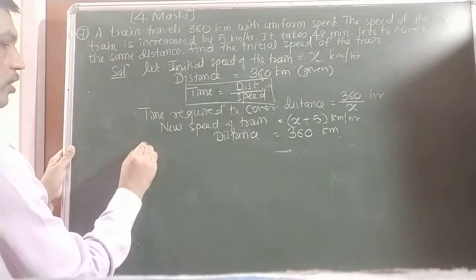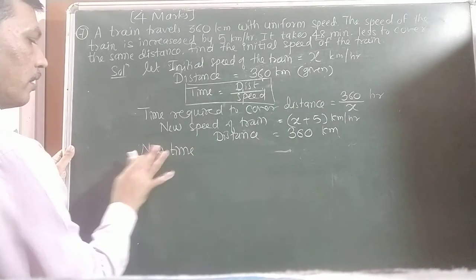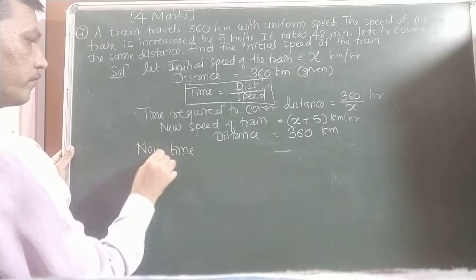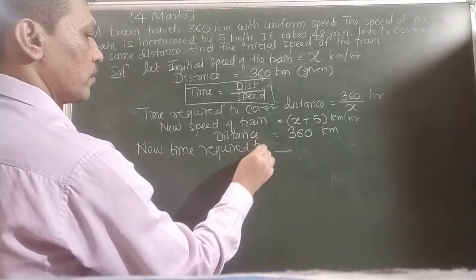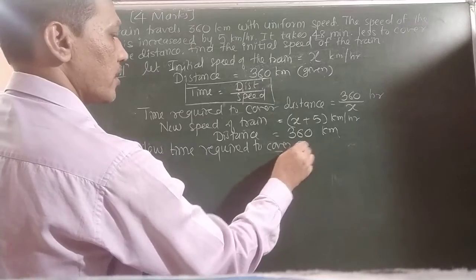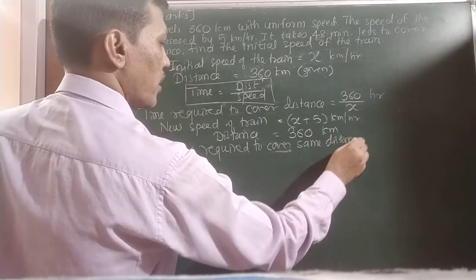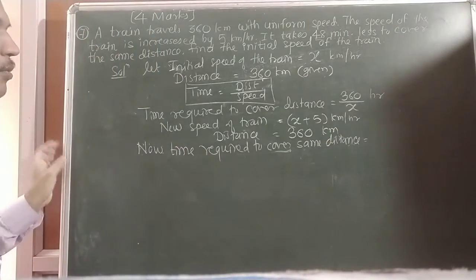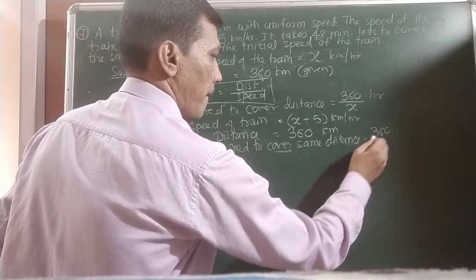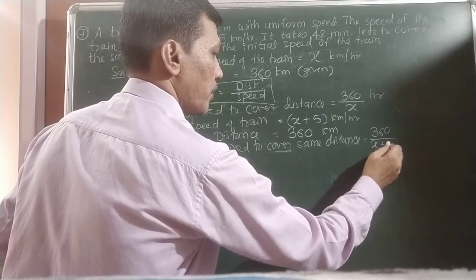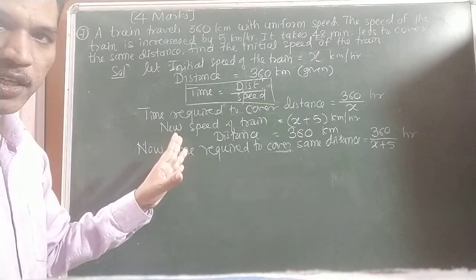Now new time required to cover the same distance. What is time required? Same formula, distance upon speed. Distance is what? 360. But now speed is what? X plus 5 in hour. Barabar hai?